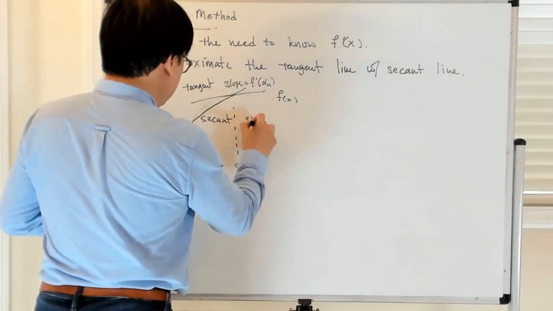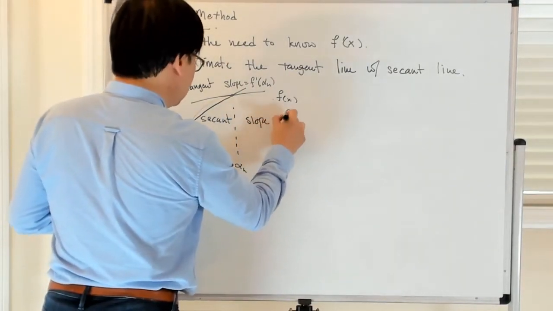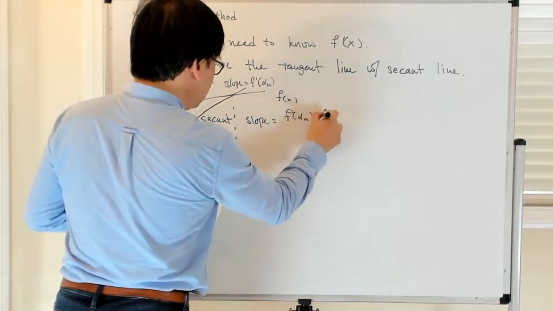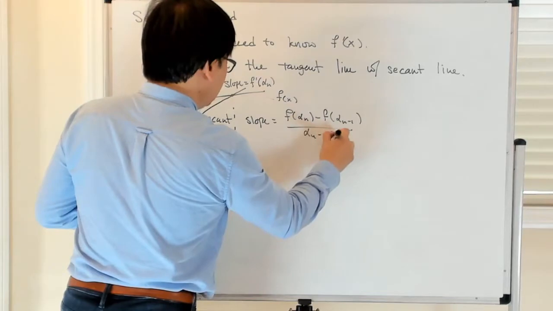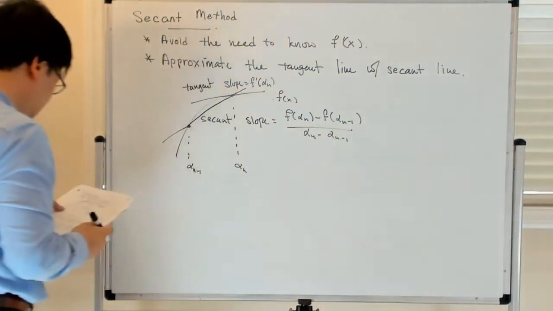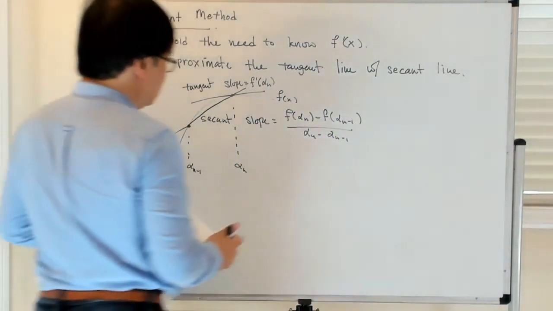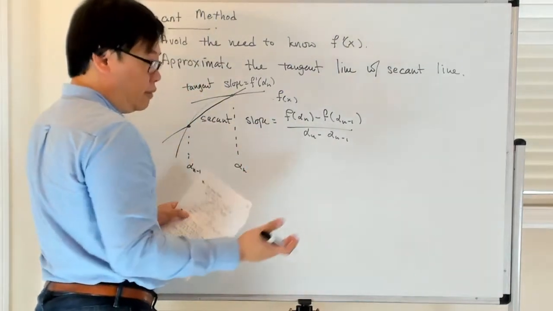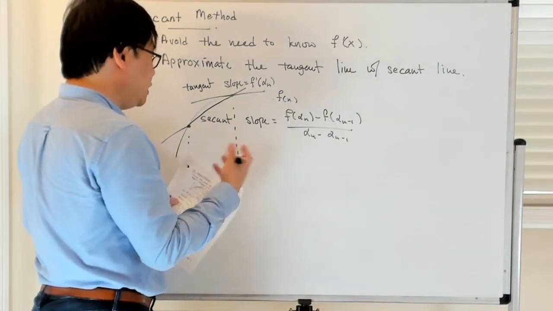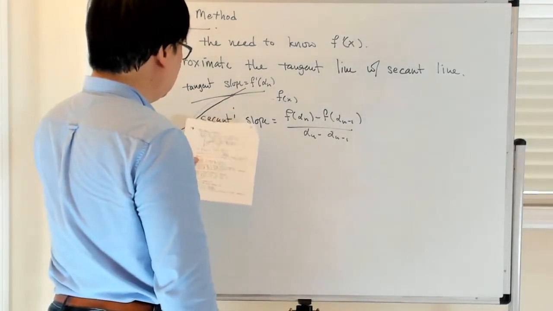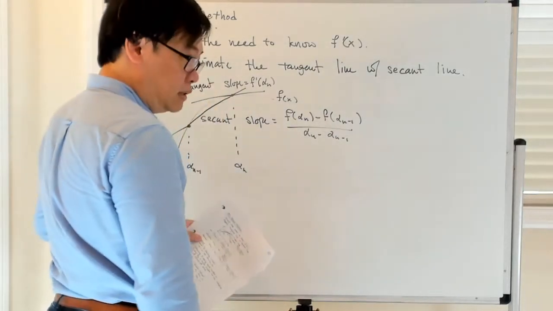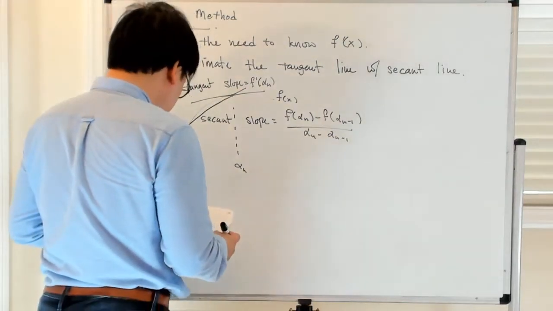which has a slope equal to f at alpha n minus f at alpha n minus 1, divided by alpha n minus alpha n minus 1. All right, and if alpha n and alpha n minus 1 are close enough together, then the slope of the secant line approximates the derivative of the function.